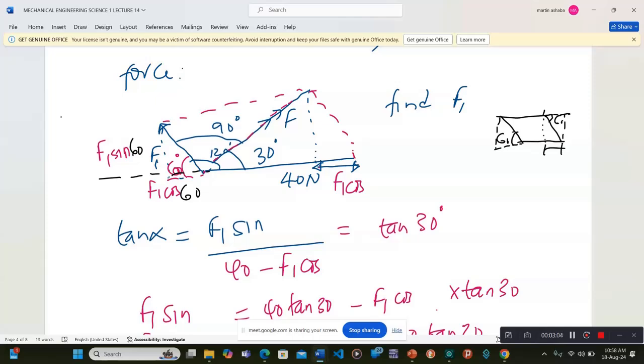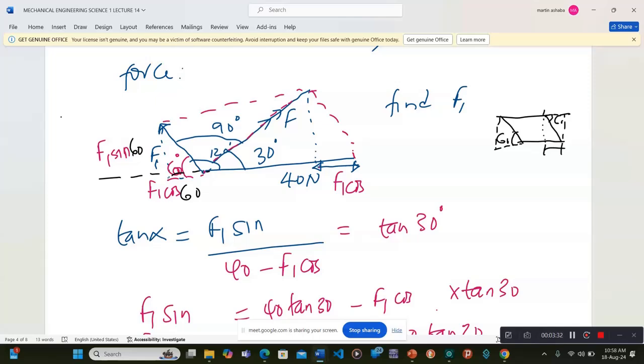So if this is our shorter force F1, we would take a component equivalent to F1 cos 60 degrees. That's why I'm borrowing it and using it here.